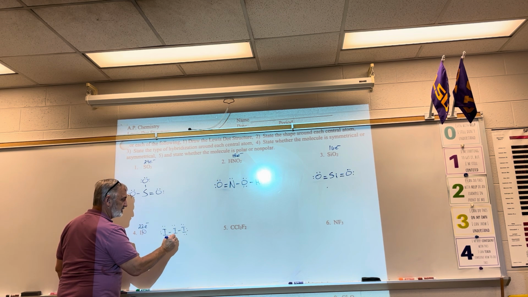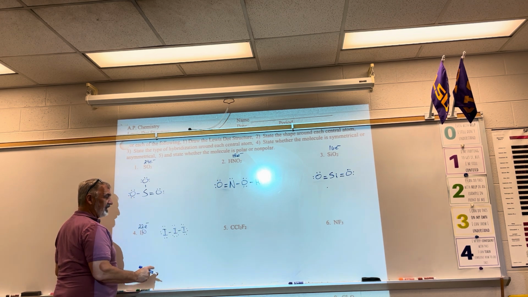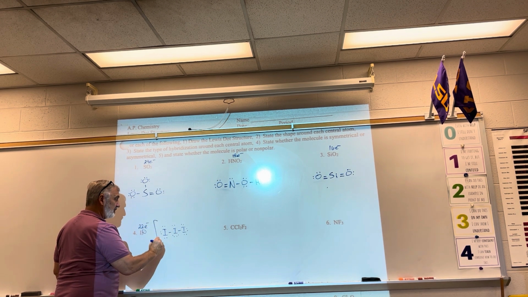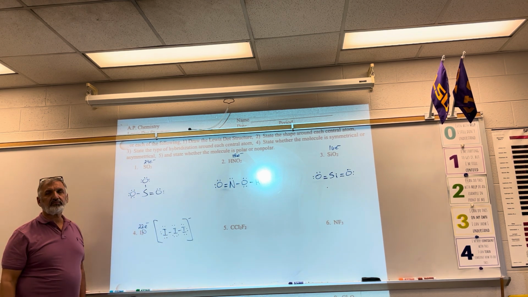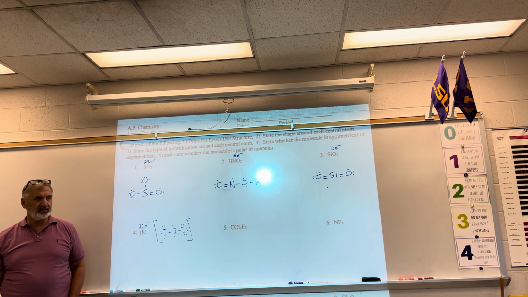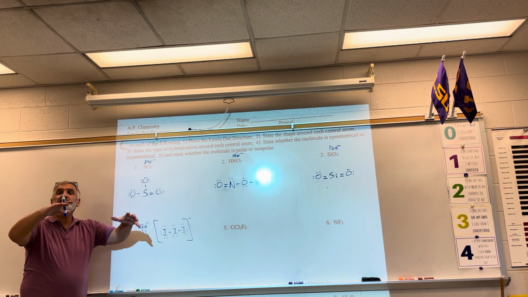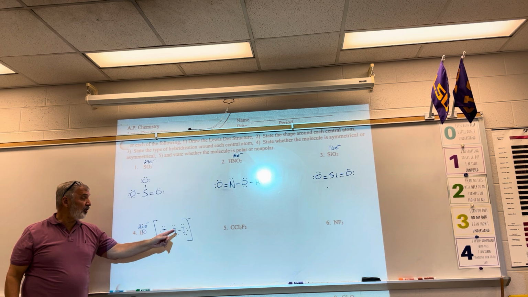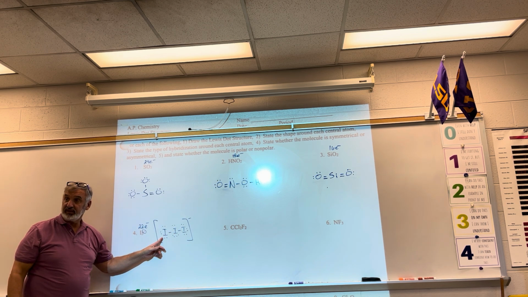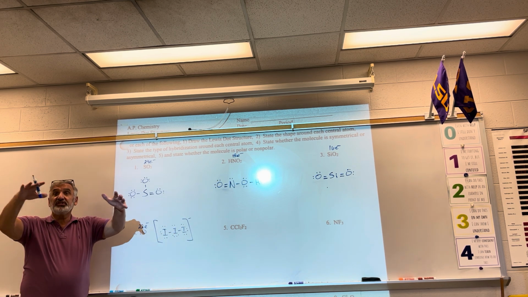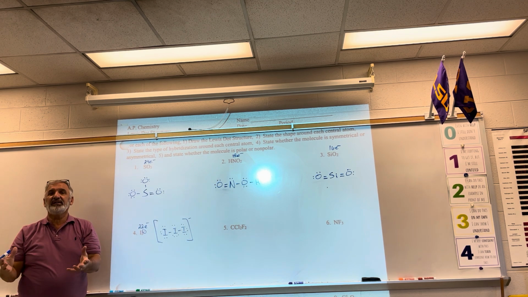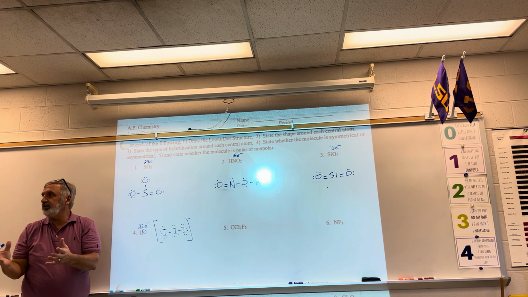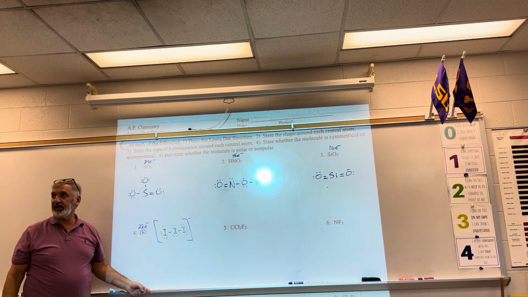Now when you have an ion, you have to put it in a bracket and put the charge on the outside. What's the significance of that? It means that the charge is evenly distributed on the whole thing, not on any particular iodine. It's a molecular orbital; the electrons are everywhere, and the minus 1 is on the whole thing, evenly distributed.